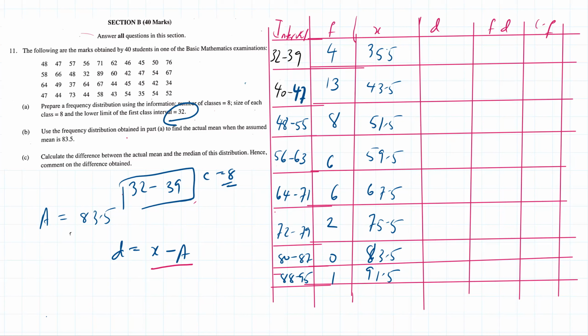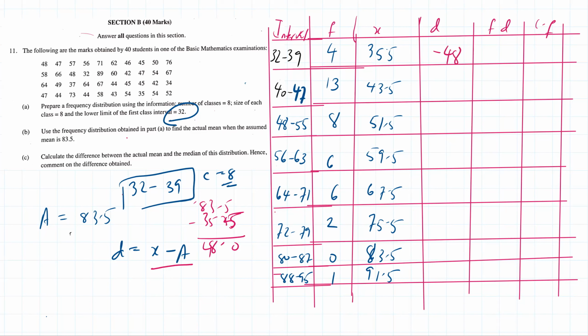So you are going to take 35.5 minus 83.5. When you find the difference, you get negative 48.